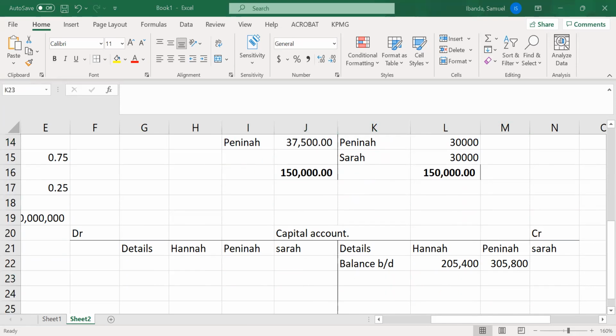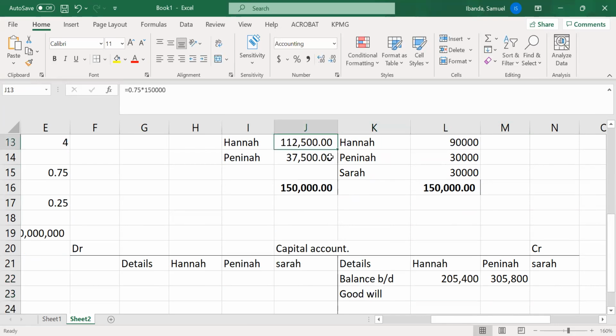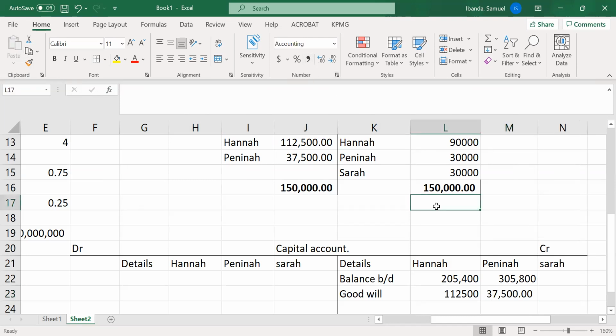So basically come here and say goodwill, and copy these amounts as they are. This here, this here. So it will be like that.